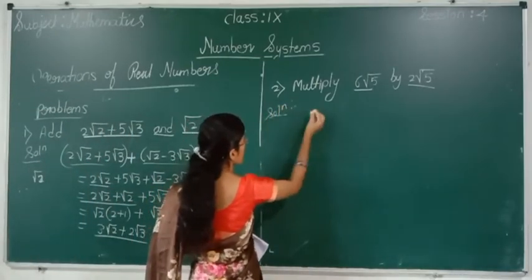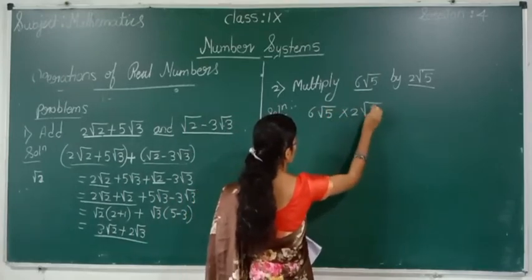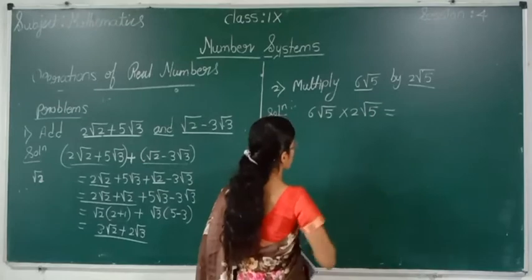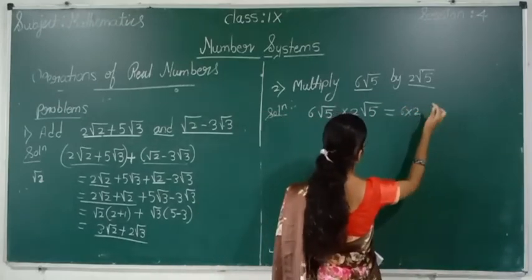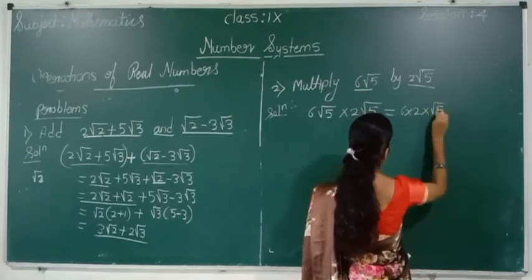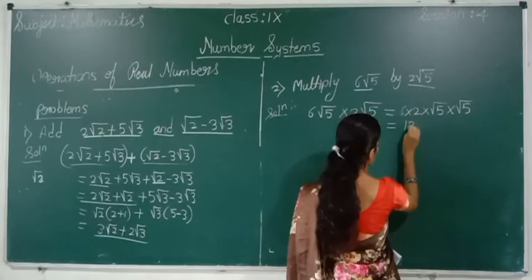Solution: 6 root 5 into 2 root 5. Now see here, 6 into 2, and root 5 multiplied by root 5. It will become 6 2s are 12.